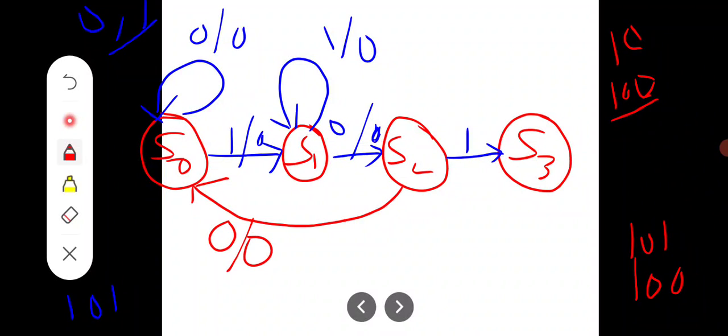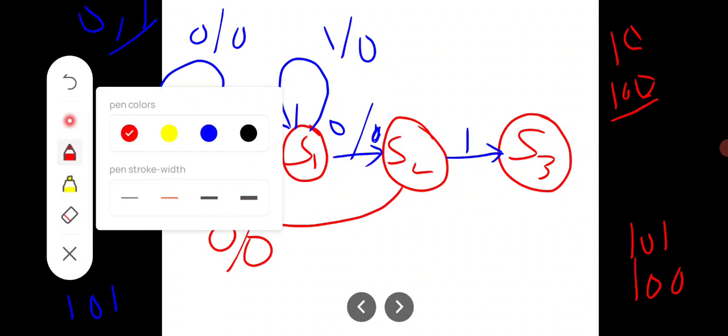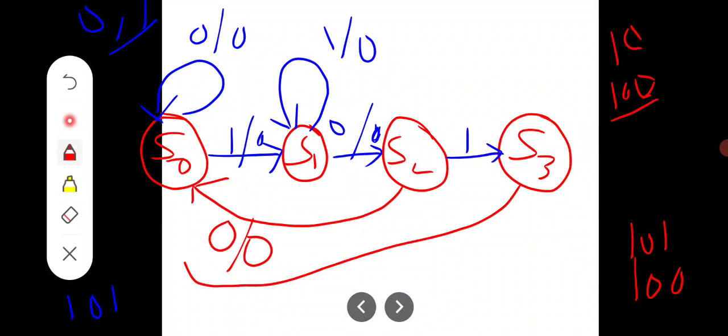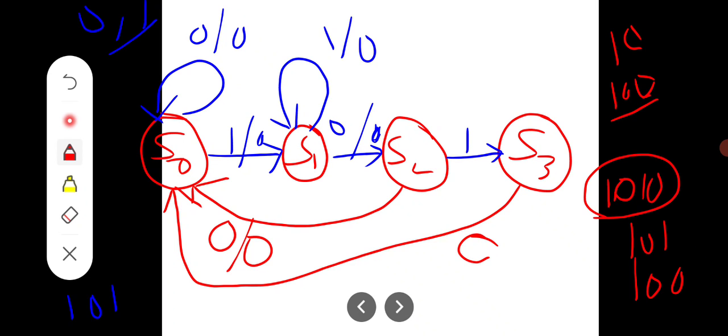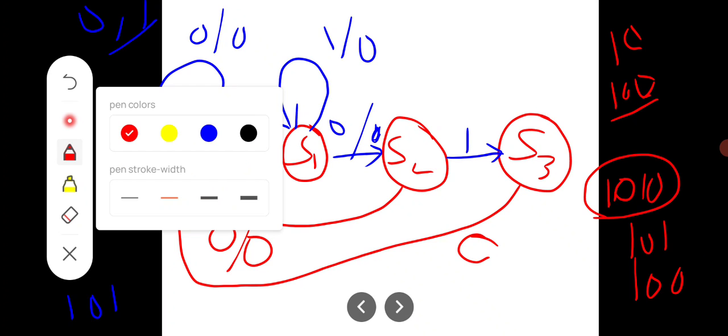At the same time, for S3 state also, whenever S3 takes a 0 input, it is moving from S3 to S0 state, because S3 means that after the S3 state, the sequence is 1 0 1 and then 0. Actually 1 0 1 is our required sequence.